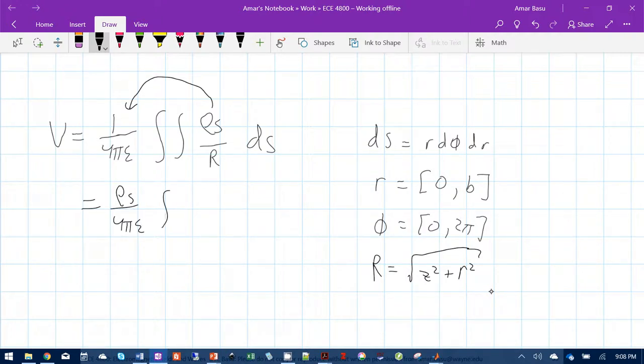We determine our limits of integration. r is going from 0 to b, and then phi is going from 0 to 2 pi. 1 over script r, where script r is equal to the square root of z squared plus r squared, and ds is equal to r dr d phi. All right, so this is the integral that we have to solve.